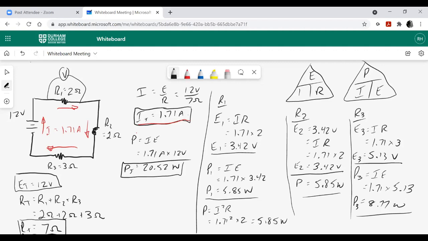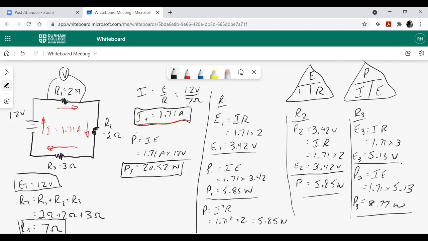So we started here with our total values. Okay, E total we were given, R total we solved because it's just addition. We solved for I, we solved for P. So those are our 4 values. We solved for the total values. And then I went back in R1, we were given the resistance. We knew what the current was because current stays the same in a series circuit.